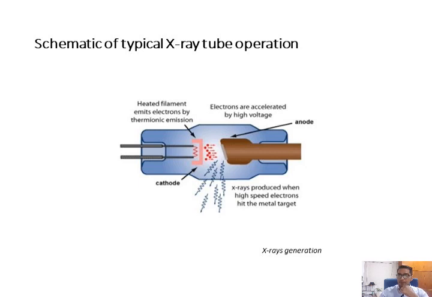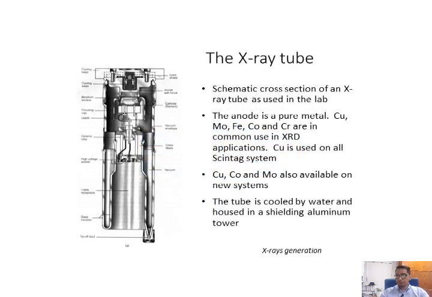In slide number 10, the schematic cross-section of an X-ray tube is normally being used in the lab, and we understand that most of the anodes that are being used are pure metal. For instance, copper, molybdenum, chromium, which are commonly used in X-ray diffractometer application.